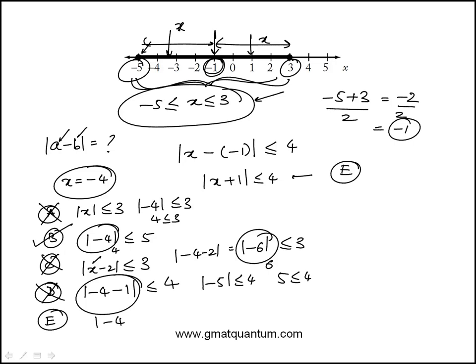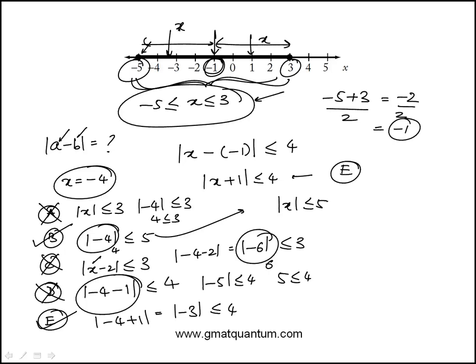So that one is going to work, which is absolute value of -3, and that is indeed less than or equal to 4. So we basically have to eliminate B and E, and sometimes we can look at the form of B and see if we can eliminate that.